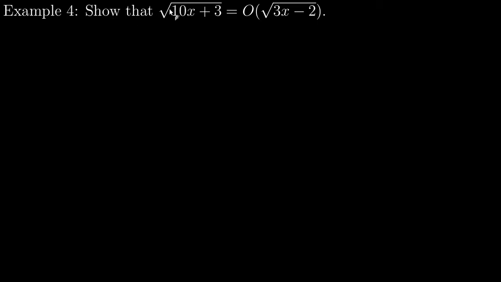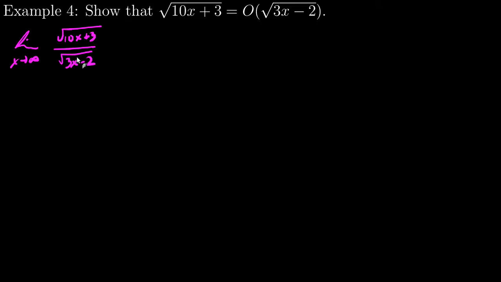I want to show that root 10x plus 3 is big O of root 3x minus 2. So I'll start off, do the limit as x approaches infinity of root 10x plus 3 over root 3x minus 2. And I can see if I just approach infinity, the numerator and denominator both approach infinity.